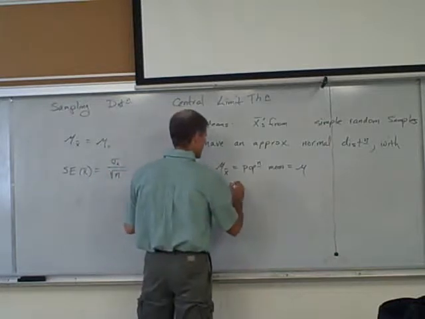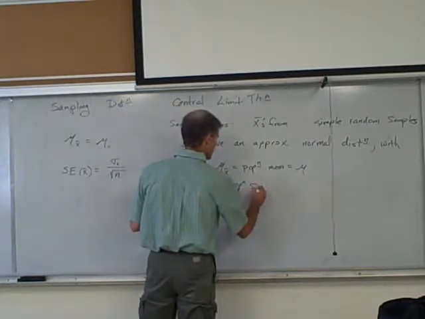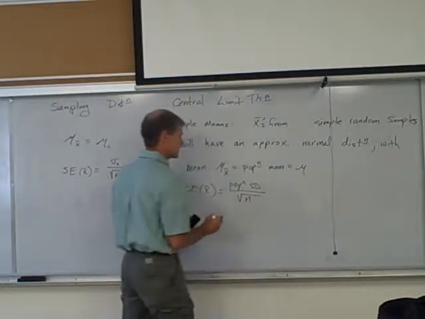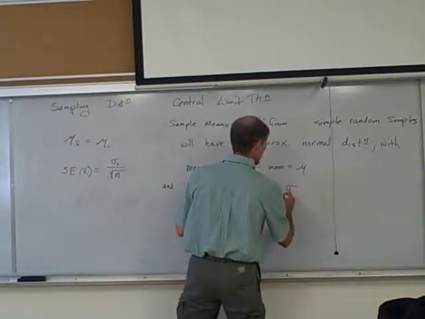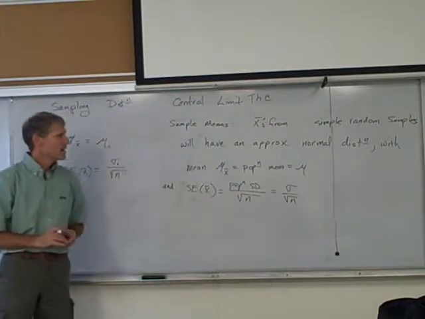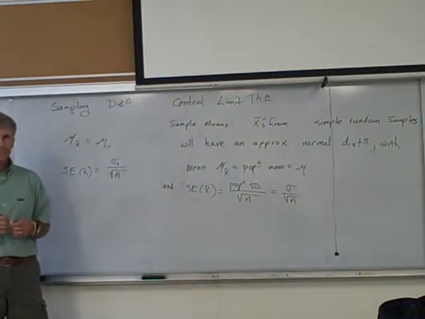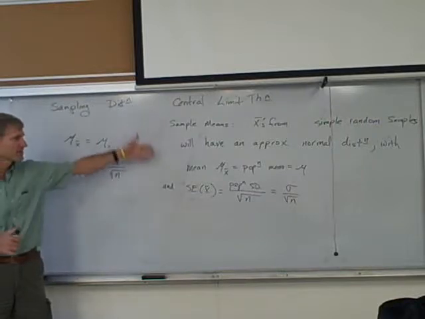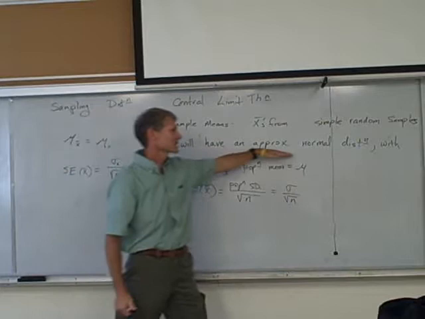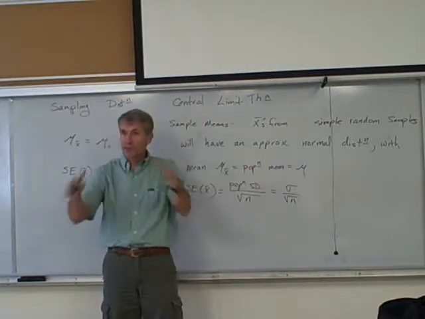The population standard deviation divided by the square root of the sample size. Now I think you'll agree we've pretty much done all that already, right? I didn't say that it would be approximately normally distributed, but you saw it was bell-shaped and symmetric.